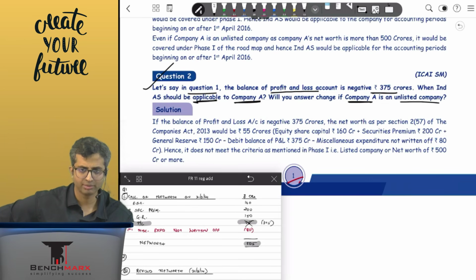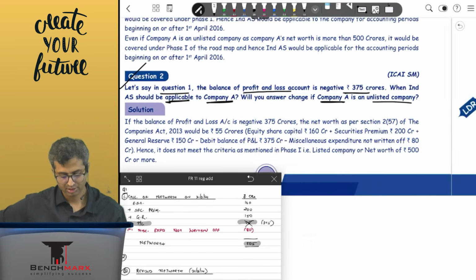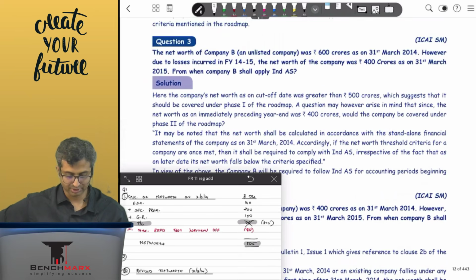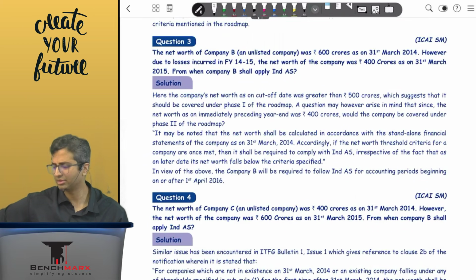The second part, they are saying will your solution change if it is unlisted? Yes. Point 2, if entity is unlisted, Ind AS will not apply till the time net worth crosses or exceeds 250 crores.